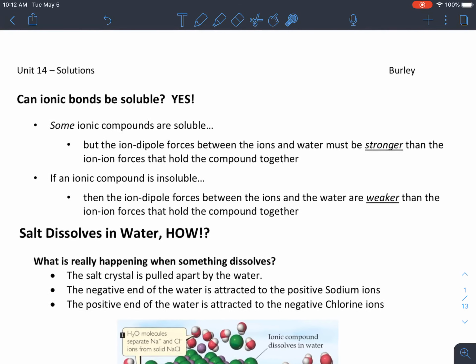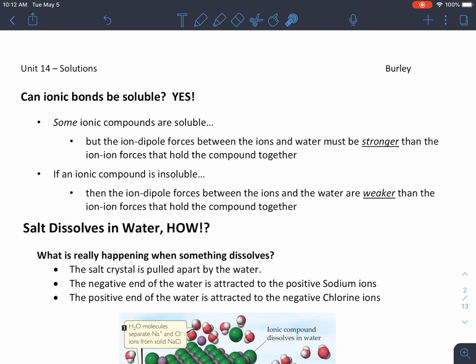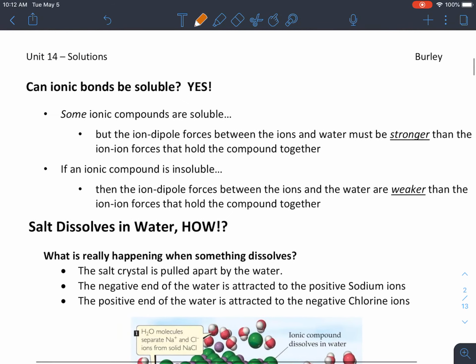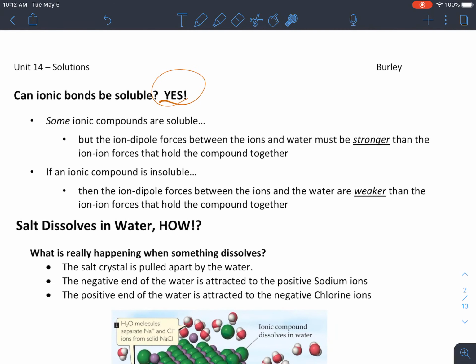Okay. Next up, I'm just going to talk a little bit about whether ionic bonds are soluble or not, and you should quickly know the answer to this because you already learned about ion dipole attractions. Yes, they can be soluble. Not all of them are though, okay?